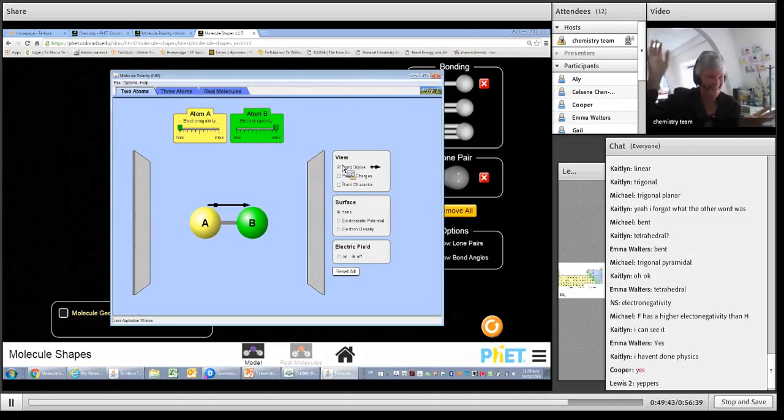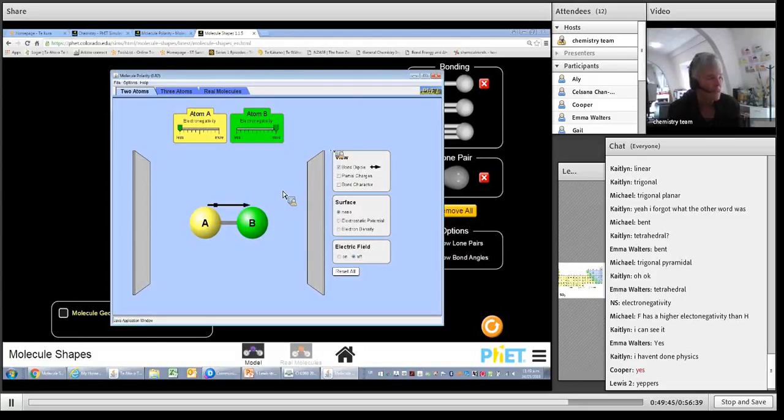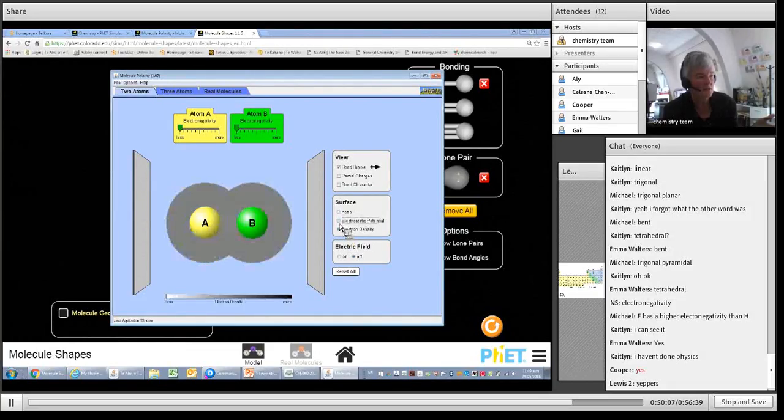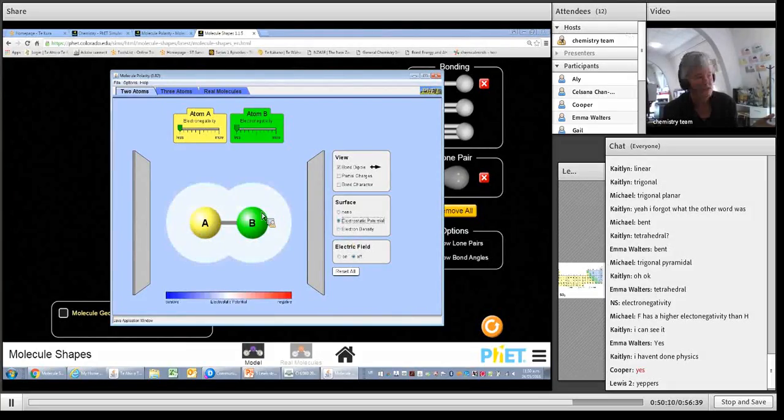So if I make the electronegativity less, can you see the separation of charge gets smaller? I've got less and less difference between the negative and positive end of the molecule until eventually there's no difference because they've got the same electronegativity. Let me show it in terms of colors. Here it's showing as white because there's an even distribution of electron density.